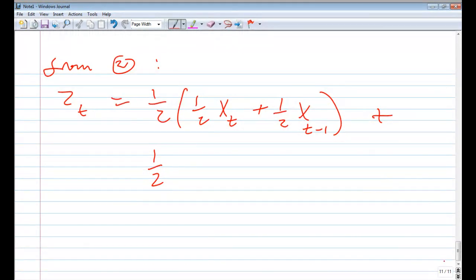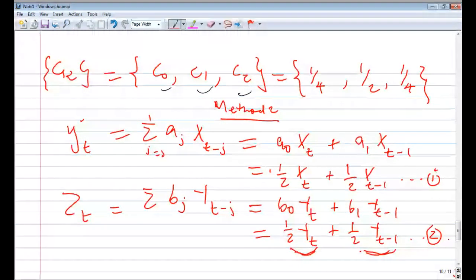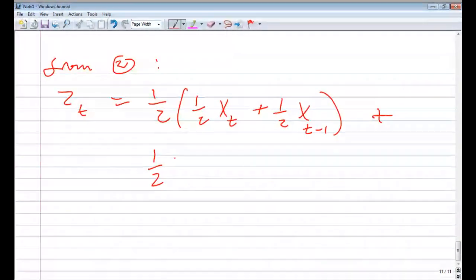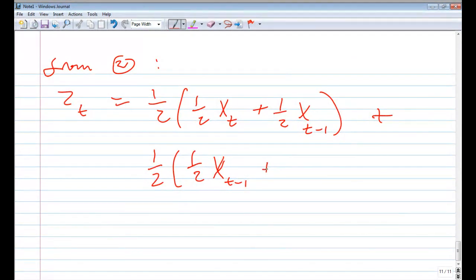In other words, where there is xt, you put xt minus 1. Where there is xt minus 1, you put xt minus 2, because of this scenario here. So that means it's half xt minus 1 plus half xt minus 2.